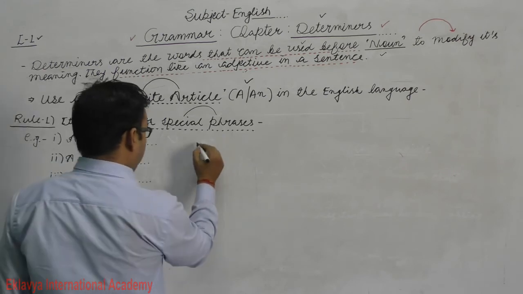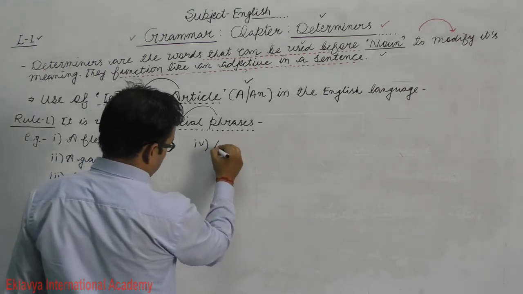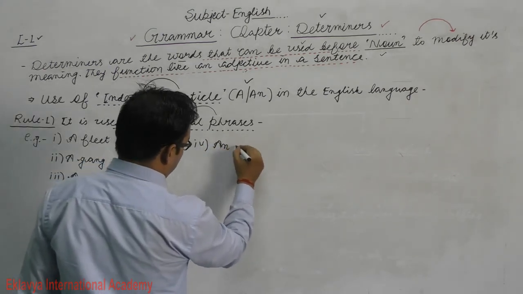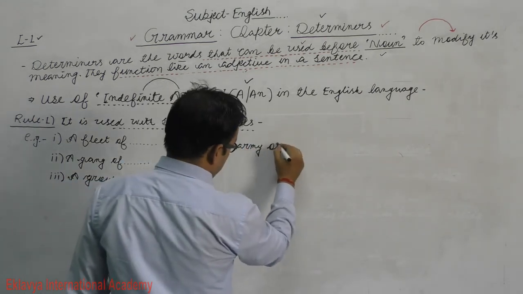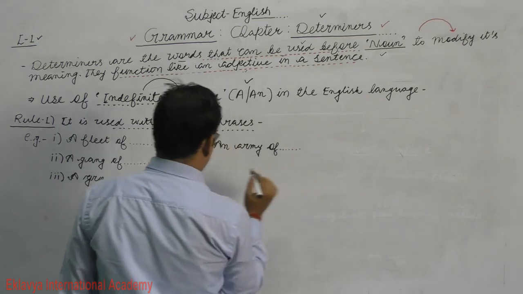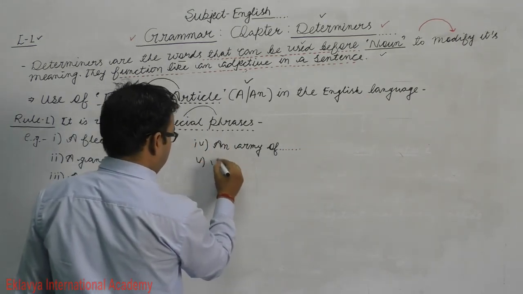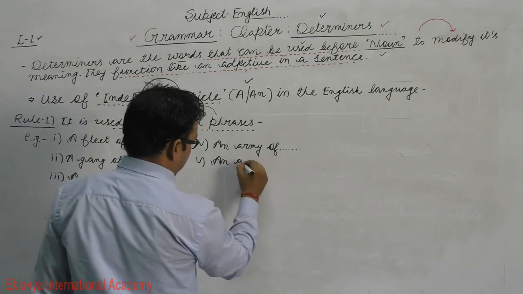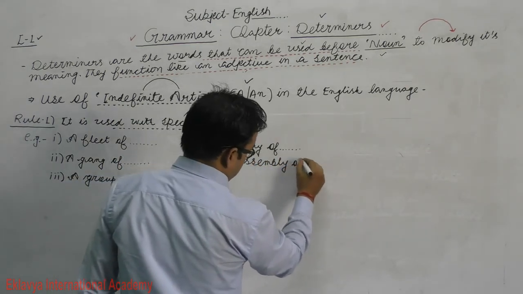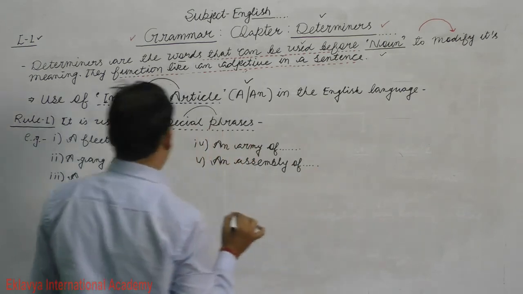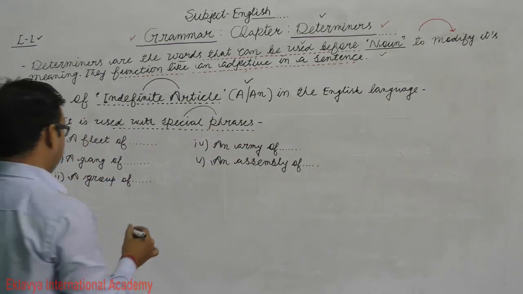Example number 4, an army of. Next, example number 5th, an assembly of.